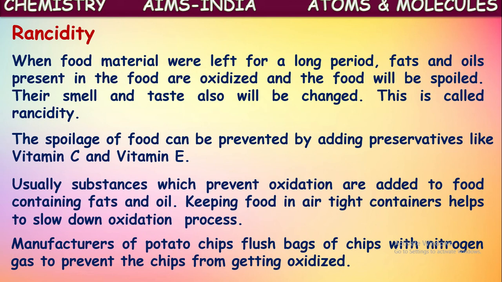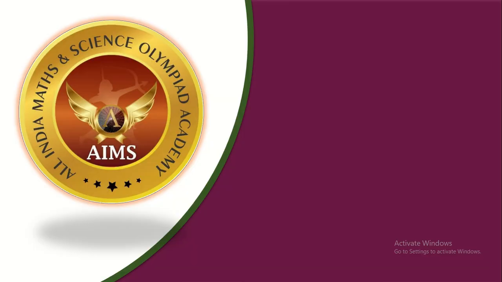Okay, in this way, rancidity can be prevented by adding some substances which can prevent the oxidation of oils and fats contained in the foods. So if the chips packet is flushed with nitrogen gas, this nitrogen gas reduces or prevents the oxidation of food present in the chips. Okay, this is about rancidity.